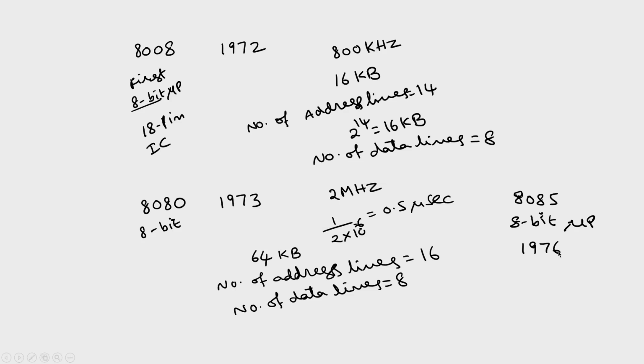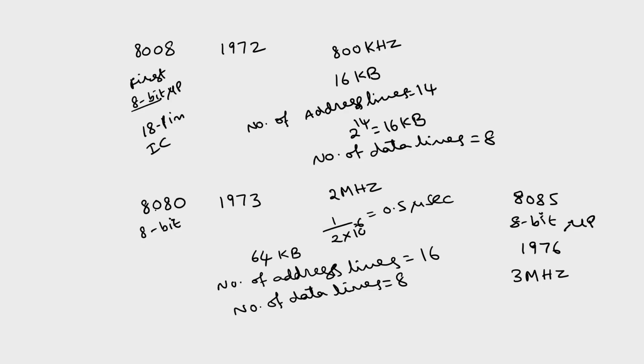The major difference between 8085 and 8080 is that the clock frequency of 8080 is 2 megahertz, whereas 8085 is 3 megahertz. So, one clock period is approximately 330 nanoseconds, and the memory capacity is the same. The remaining things are the same, only the speed of this one is more.